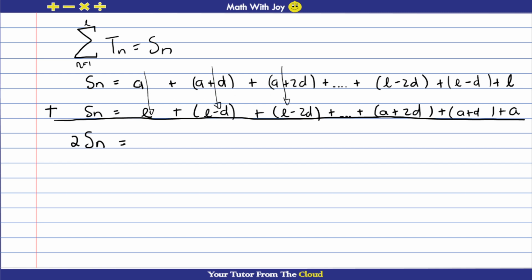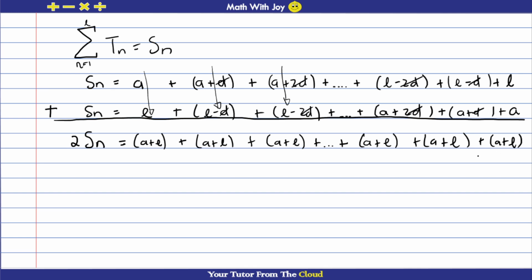You will see that the first term and the last term will form a plus L, plus a plus L again, while the d and minus d are going to cancel out. Then here, the two d's are going to cancel out. So you're left with the a plus L again, and all the way here you'll see that the d's will cancel each other out. Then you have an a plus L, and another a plus L, and then another a plus L at the very end.